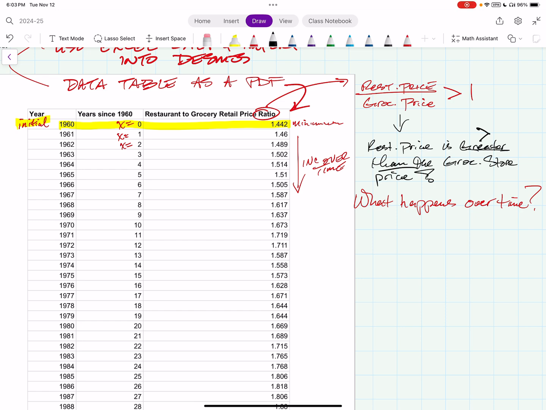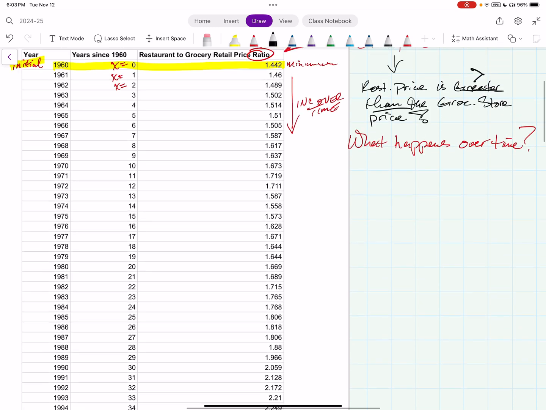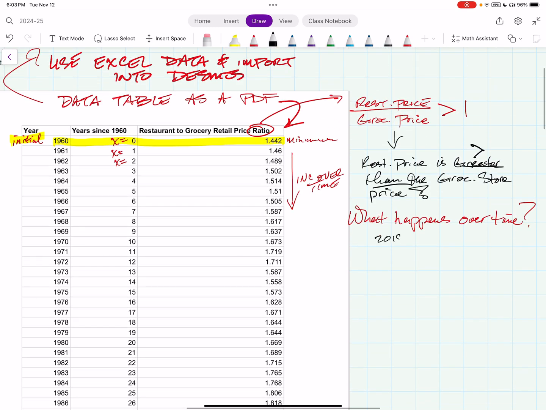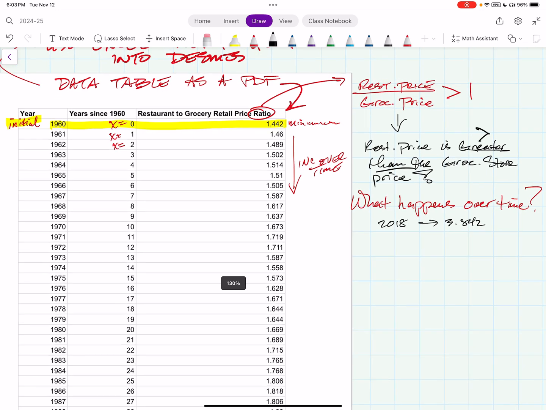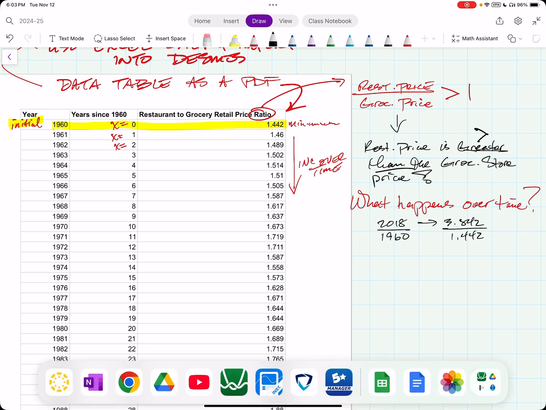In 2018, it was 3.842. Now, obviously, look at 1960. It was 1.442. So if you divide these two, you get the multiplication factor. How many times greater is the ratio in 2018 compared to 1960? Well, all you have to do is divide.